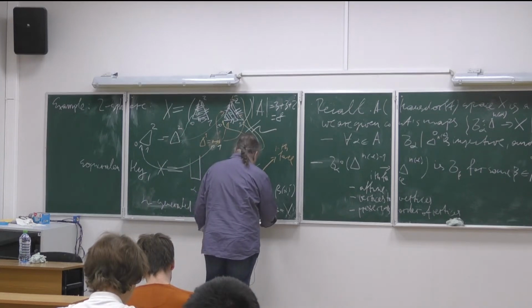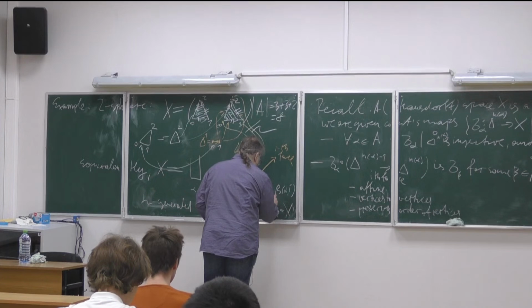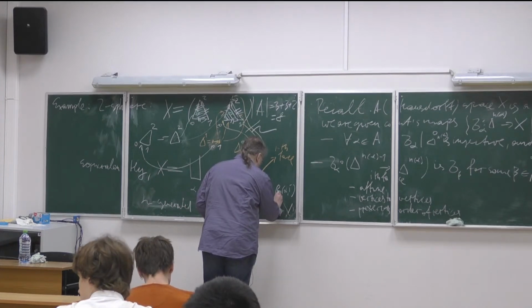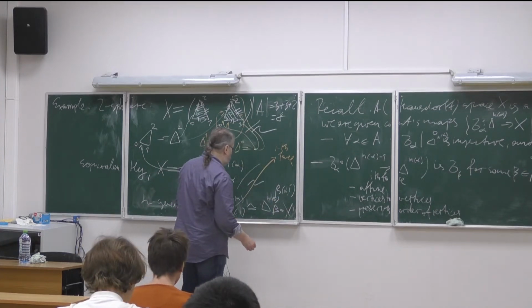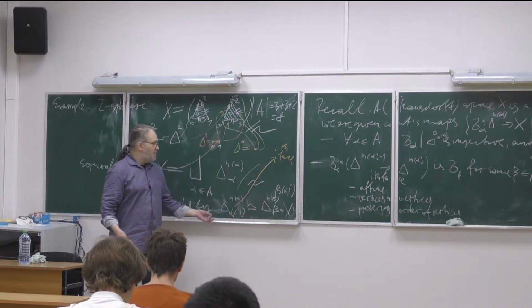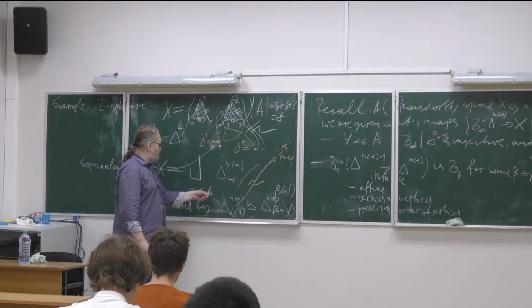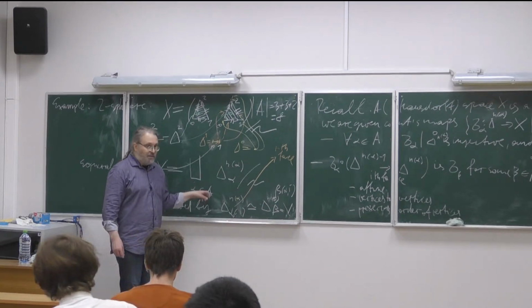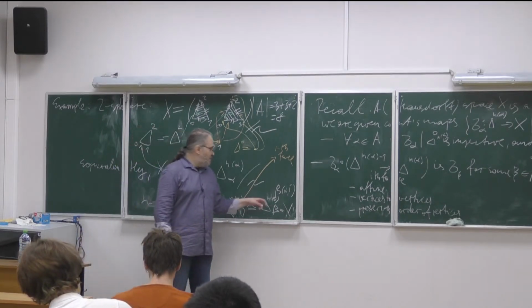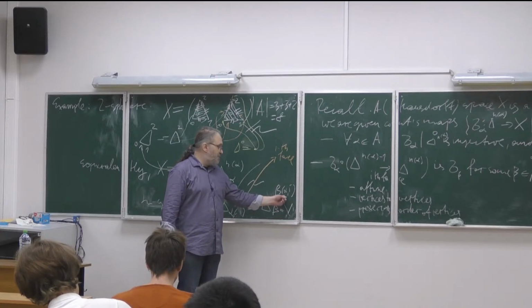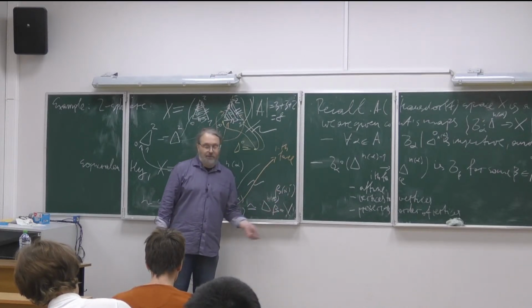simplex delta n of beta for some beta in the same indexing set A, and this beta depends on alpha and on i.